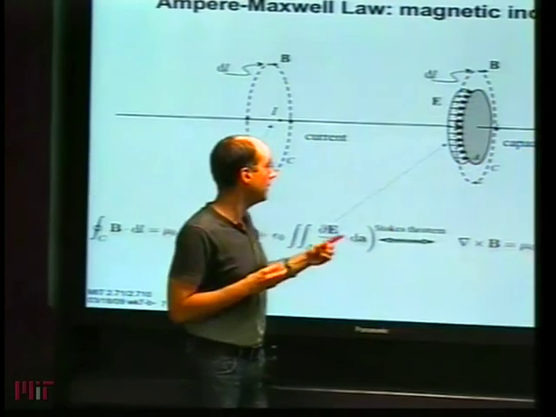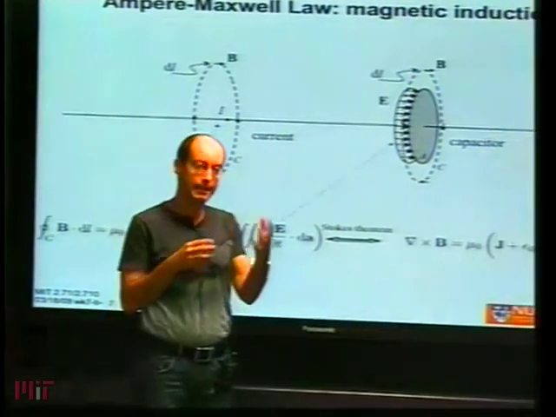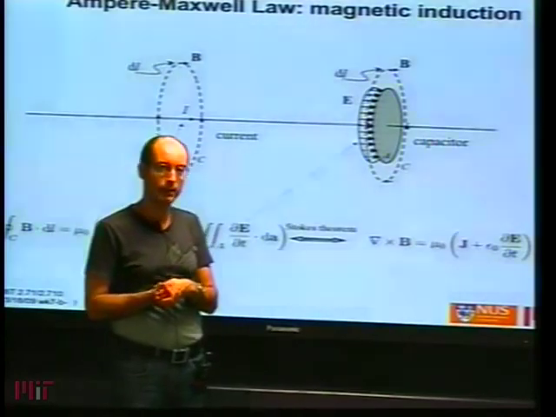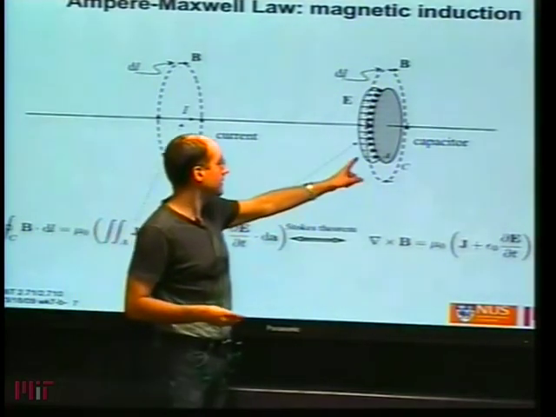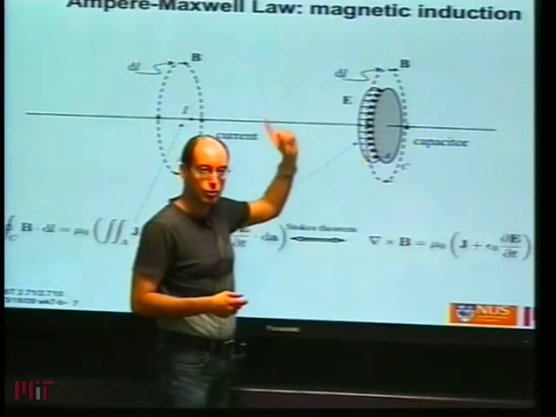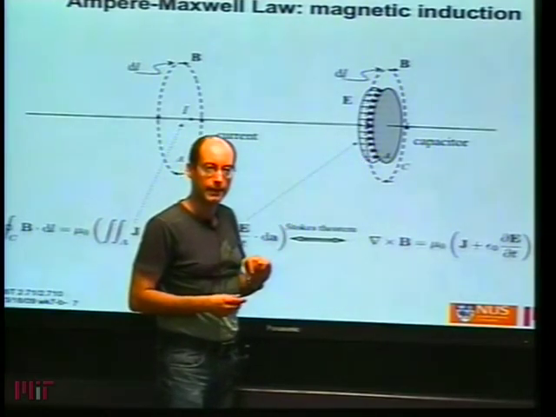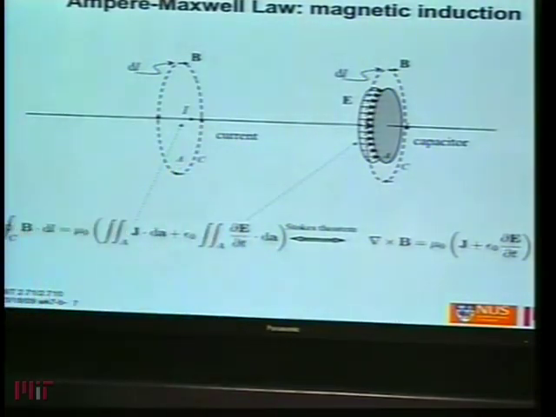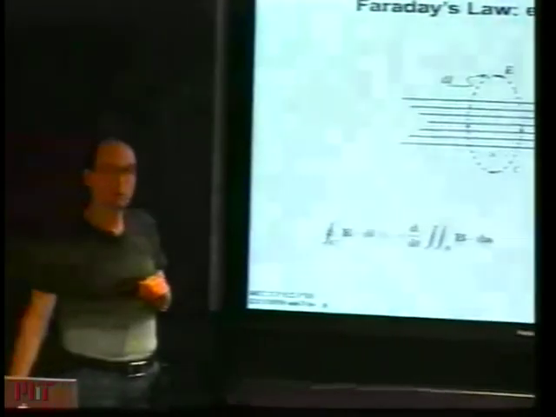And what Maxwell, he guessed it actually. He didn't observe it, but he guessed it. He guessed that this kind of variable electric field should also generate a magnetic field. And the only reason he guessed it is by symmetry from the previous law. What does it say?